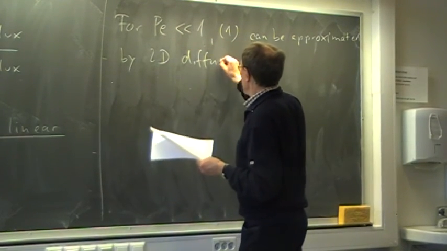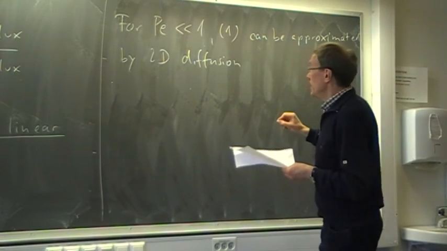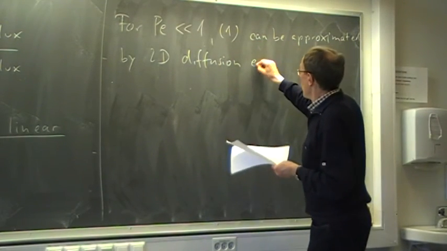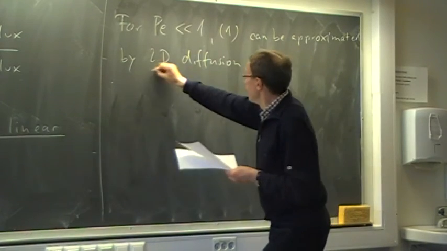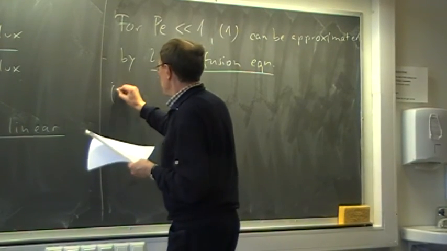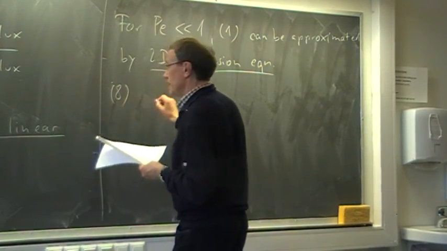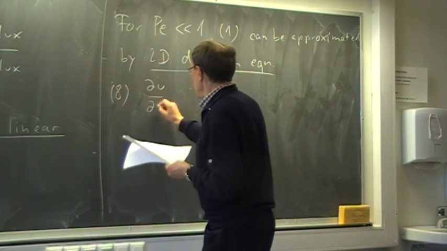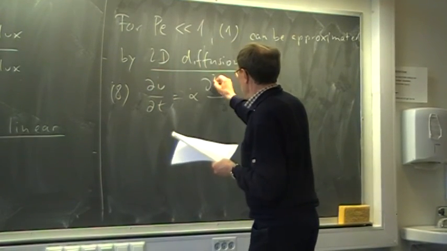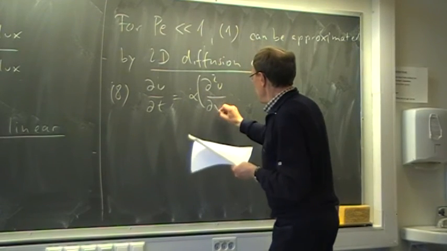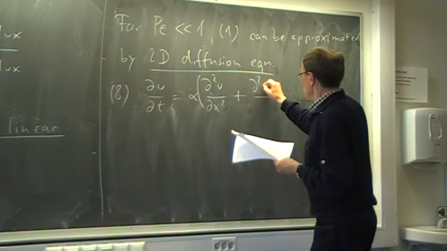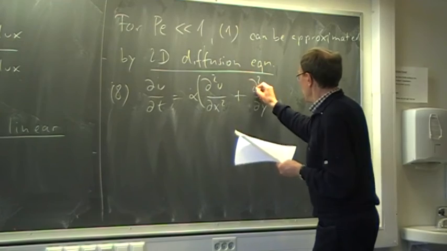If we have a heat problem, then it would be the 2D heat equation. So that would then be du/dt equal to alpha times d squared u/dx squared plus d squared u/dy squared.